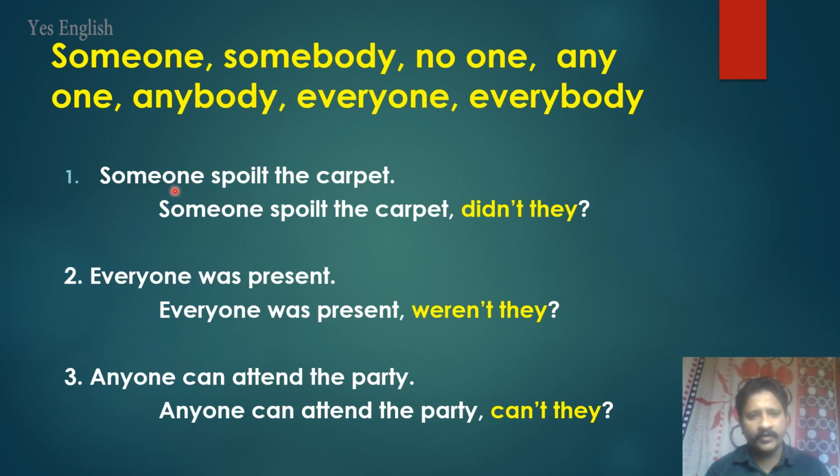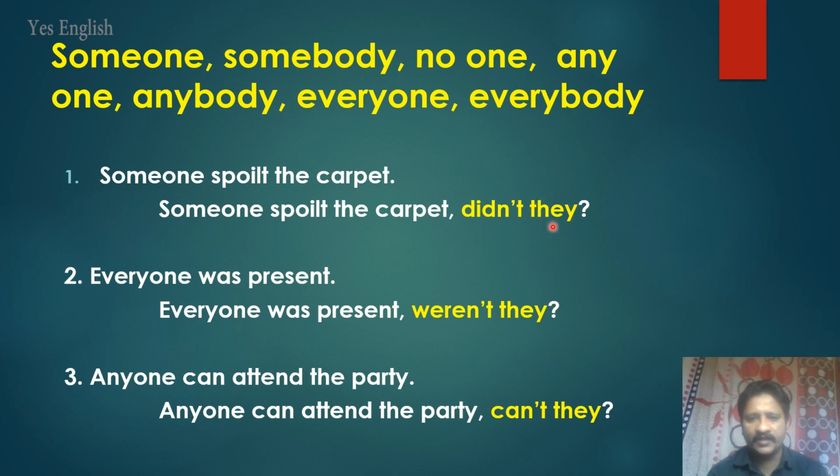So someone, even if it is a singular subject, please note the use of they instead of he or she. We cannot say whether it's he or she, so we use they. Spoiled is the past form of spoil, S-P-O-I-L. It can be spoilt, L-T, as well. So, someone spoiled the carpet, didn't they?